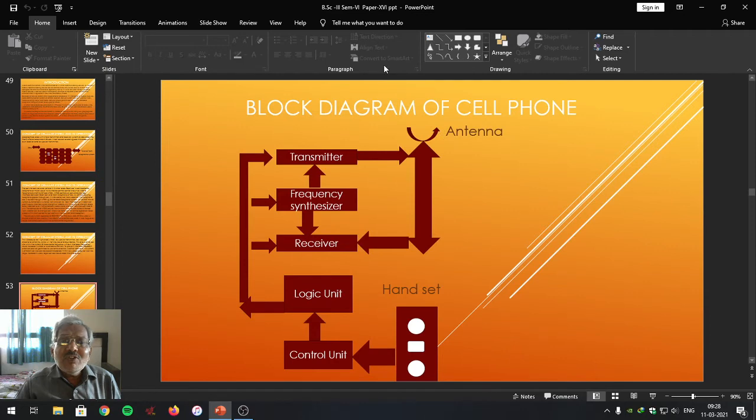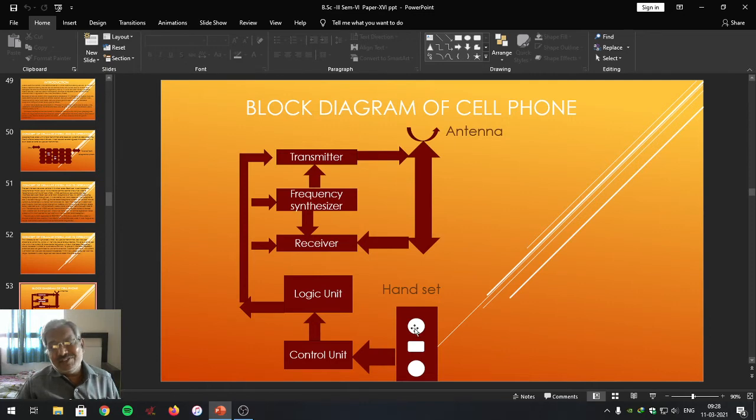To perform all these tasks externally for the user, physically, a few things are made available on the handset. Here we have represented that part as a handset. Obviously, all these are the hardware aspects within that particular handset.